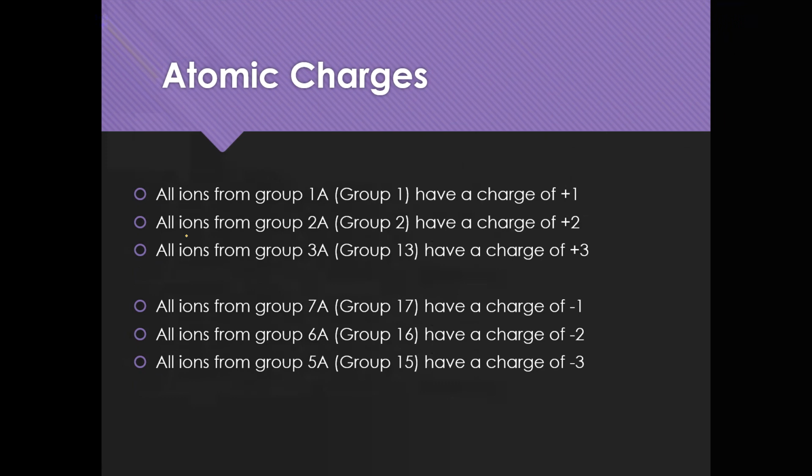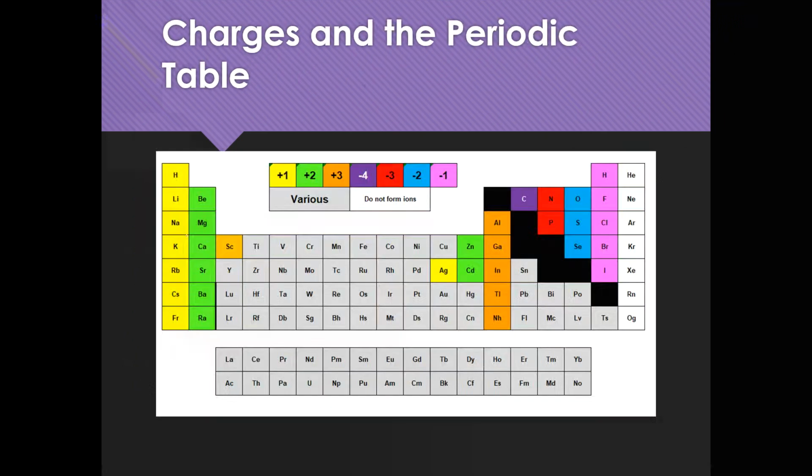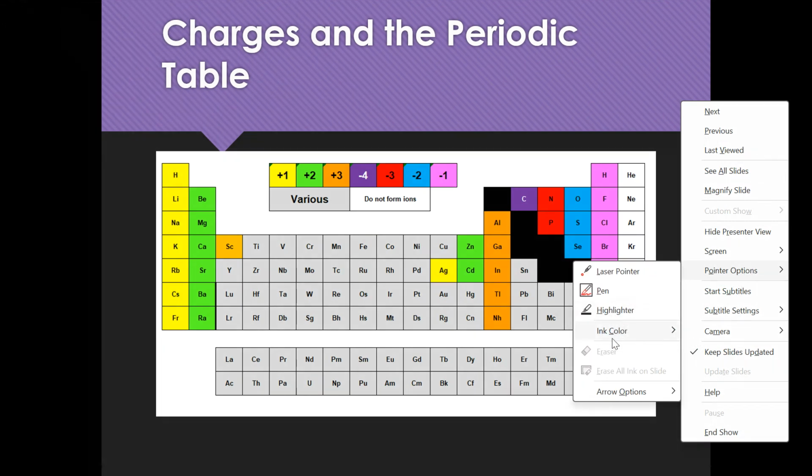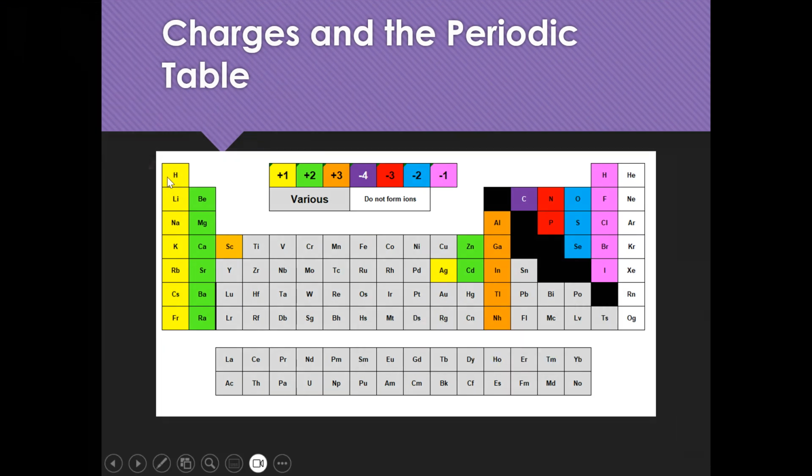Now, one of the challenges here, and this is one within your notes you'll want to color, is that there is that definite sharp pattern where you've got this first column all going to be +1, second column all +2, third column, this is going to be below the metalloid line because metals are losers. Metals lose electrons. Metals are losers. So the aluminum is going to lose 3 electrons. And then on the other side of the metalloid line, you have hydrogen.